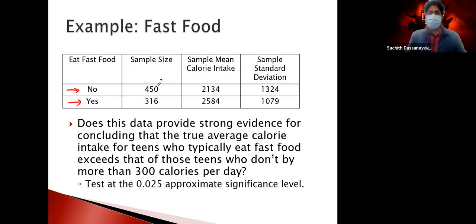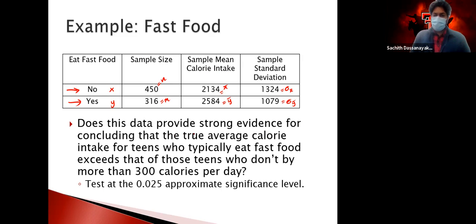Sample sizes are given. Let's say this one is n, this one equals m. Sample means: this is x bar, and this is going to be, let's say, y bar. Standard deviations are given. This belongs to sigma x, this belongs to sigma y. My samples are x and y.